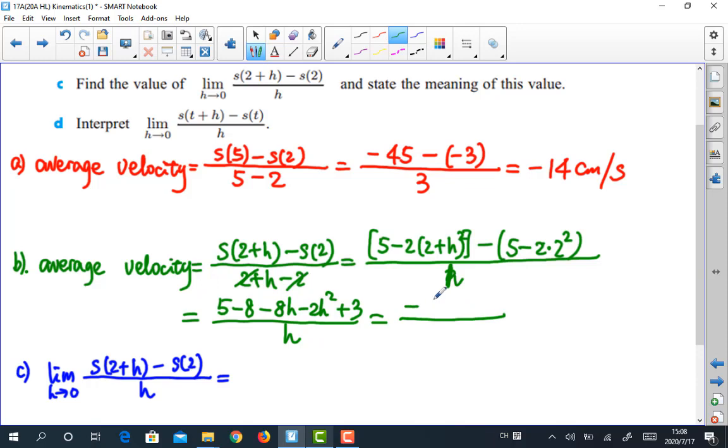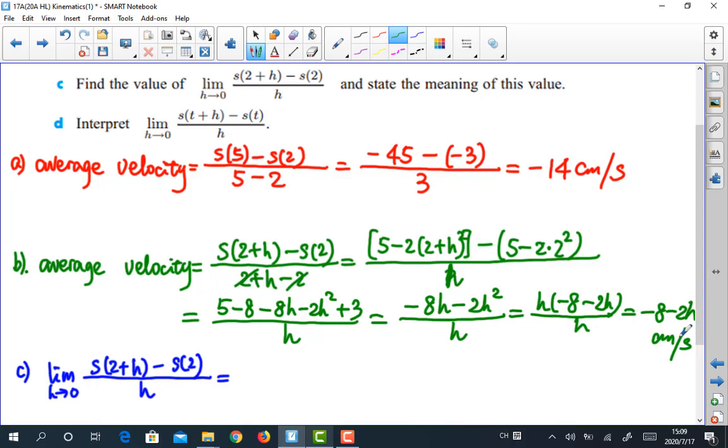So it should be negative 8h minus 2h squared after you combine the like terms, over h. We can reduce the fraction to the lowest term. So we take out 1h in the numerator divided by h. So we should have negative 8 minus 2h centimeters per second. So that's the average velocity in terms of h.